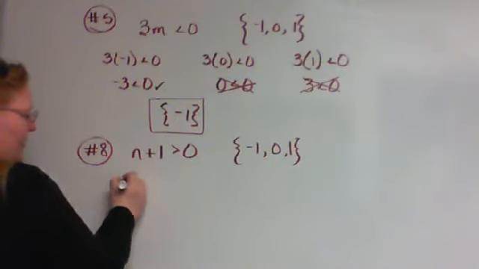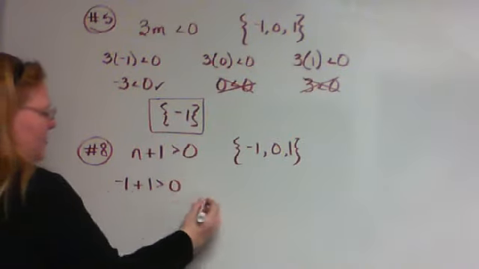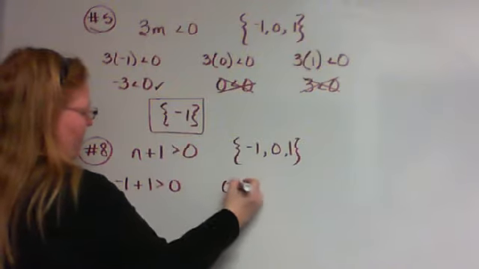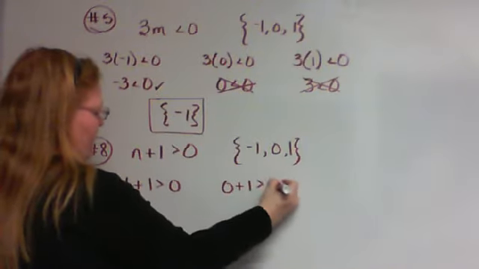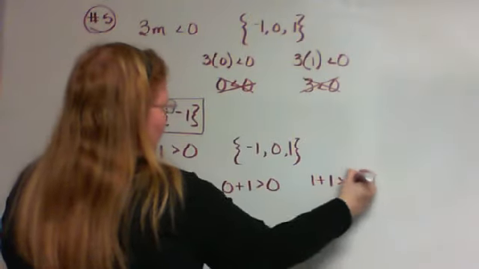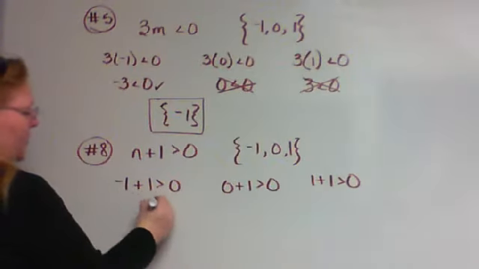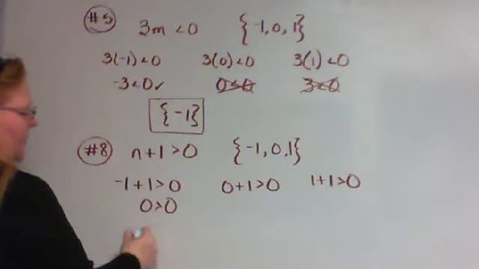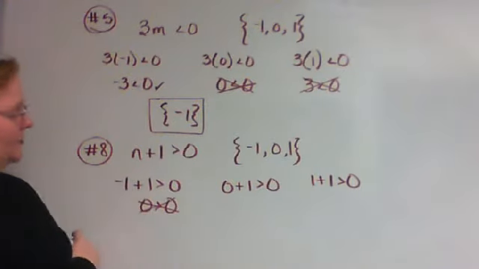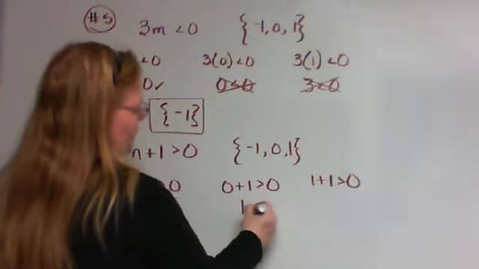So I've got -1 plus 1 is greater than 0. 0 plus 1 is greater than 0. And then 1 plus 1 is greater than 0. Over here, I get 0 is greater than 0. That one's not true. We say they're equal, but they're not greater than. Here I get 1 is greater than 0.